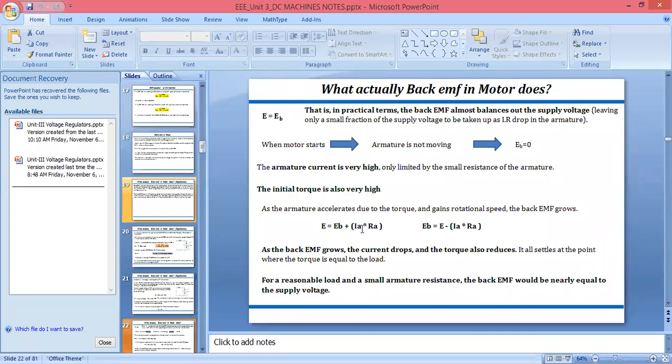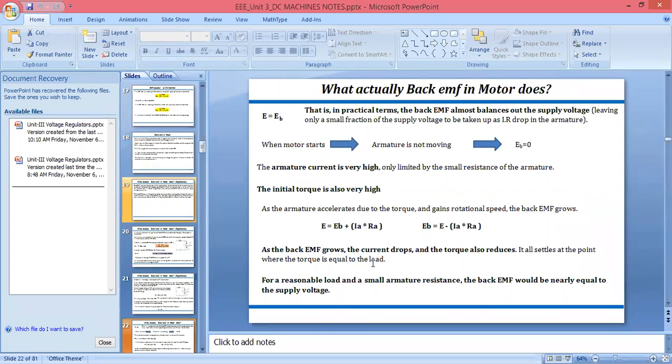If back EMF grows, the current will drop. If current reduces, torque will also reduce, and it all settles at the point where the torque is equal to the load. So for a reasonable load and a small armature resistance, the back EMF needed will be nearly equal to the supply voltage.